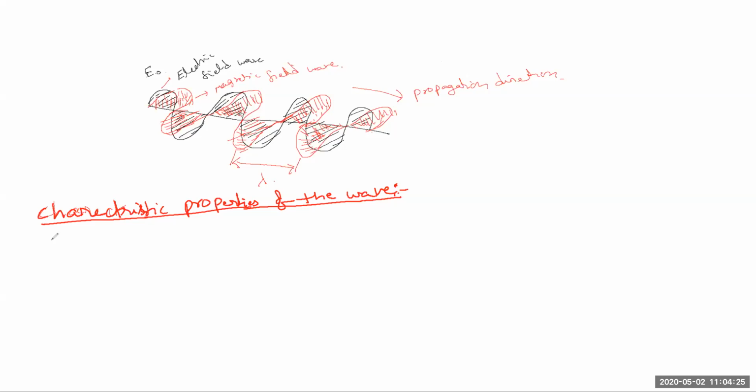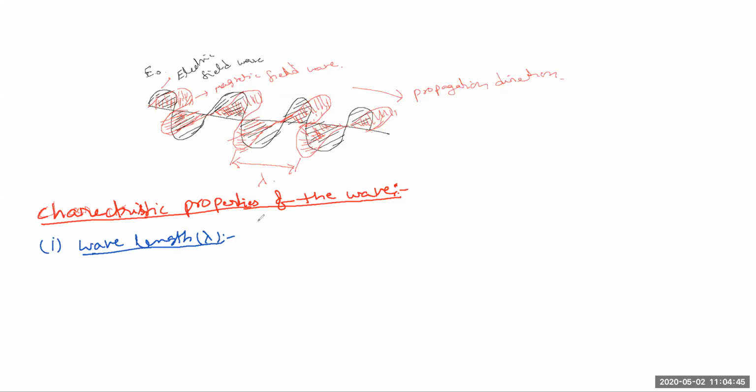What is the first one? Wavelength, lambda. These are the troughs and the crests. Trough is bottom and crest is up.